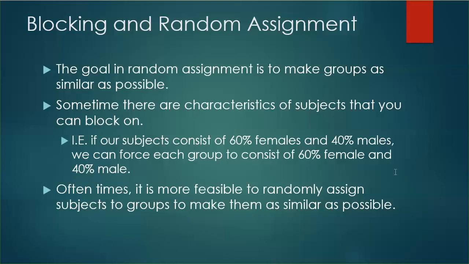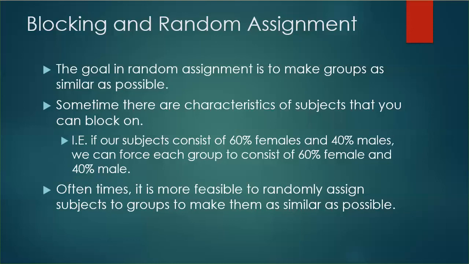You just make sure you get an even number in each. Oftentimes it's more feasible to randomly assign subjects to groups to make them as similar as possible, but sometimes blocking can be helpful if there's one thing that you think could be a difference, and so you can account for that. So that's one example.